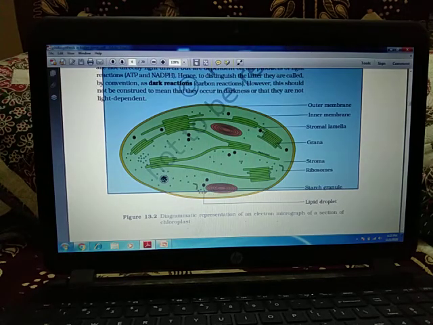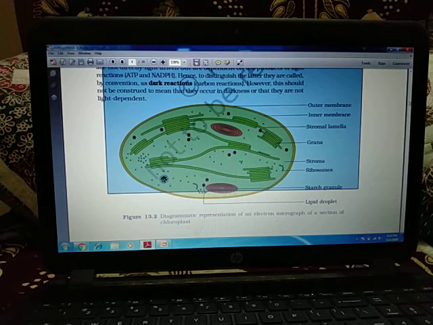A peripheral reticulum of tubules occurs below the chloroplast envelope in C4 chloroplasts. In photosynthetic prokaryotes, bacteria and cyanobacteria, chloroplasts or equivalent structures are absent. They, however, possess thylakoids.